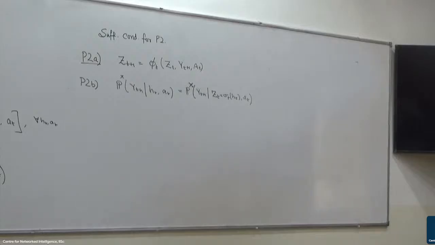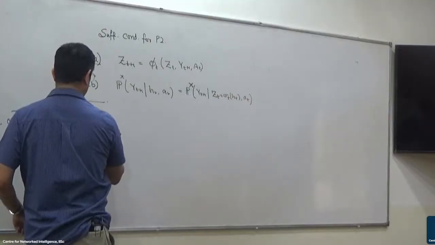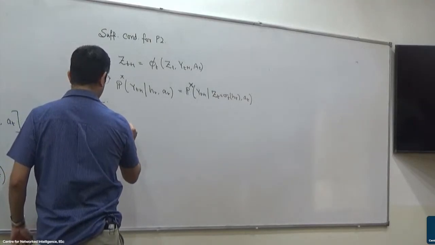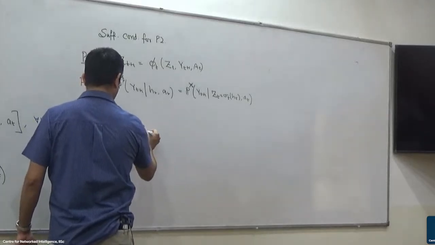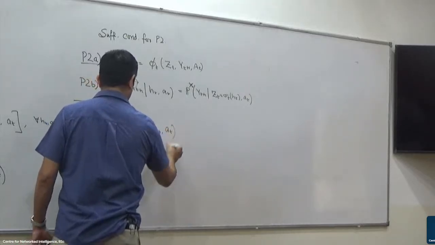The intuition or the proof is relatively straightforward. What I want to show is that I look at this object, right. I will give a sort of hand-wavy proof, but it is not too difficult to make this precise. I look at the probability that Z_{t+1} belongs to some set B conditioned on H_t and A_t.